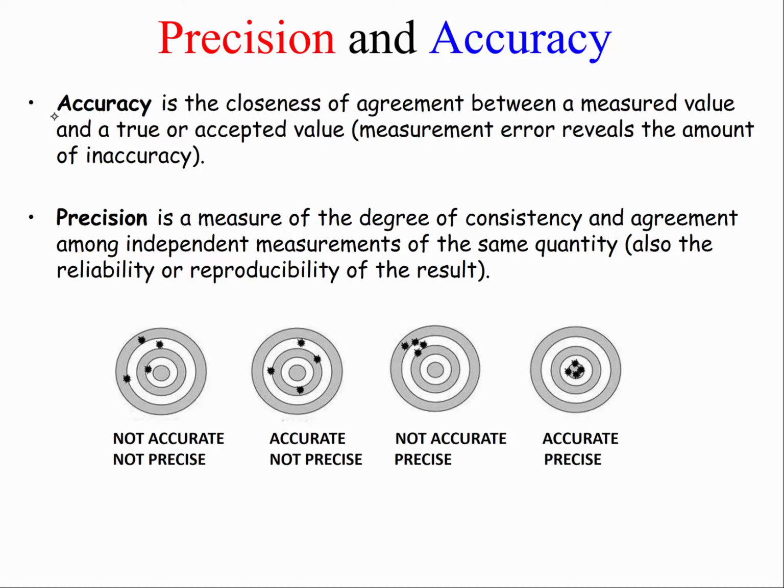Now, accuracy here is a measure of how close the measured value is to the true value. So if we look at the set of data points on this dartboard here and this dartboard here, we would say they're both accurate.